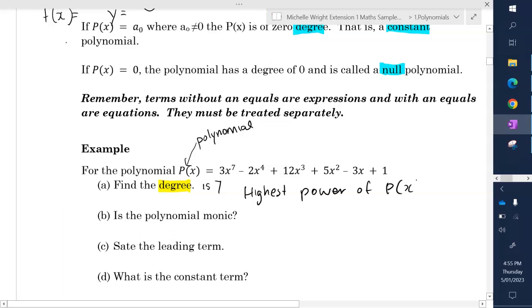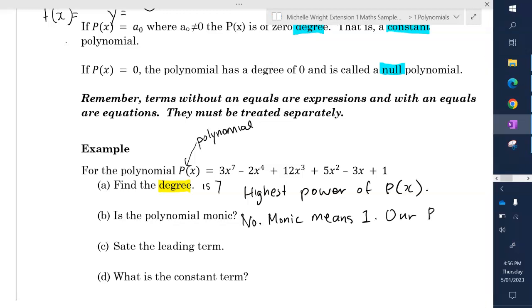Of p of x. Is the polynomial monic? No. Why is it not monic? Monic means 1. Our polynomial has 3 out the front of the highest power.